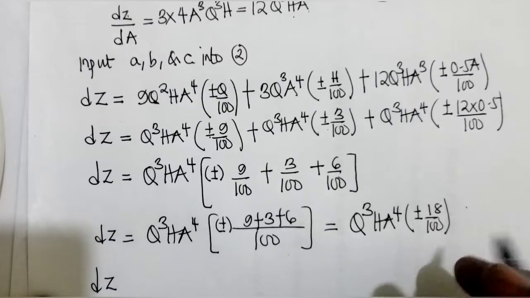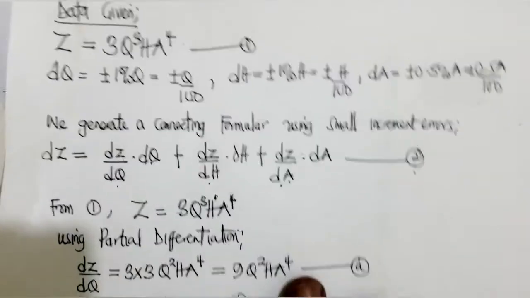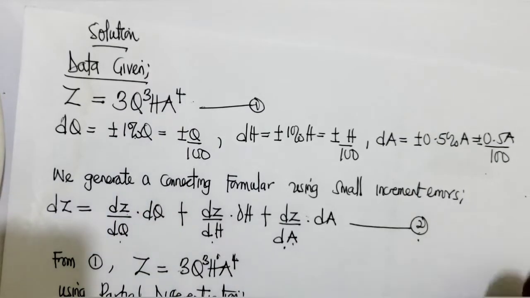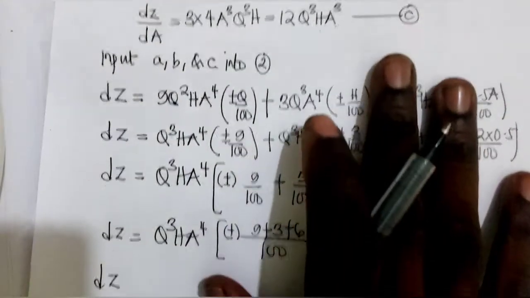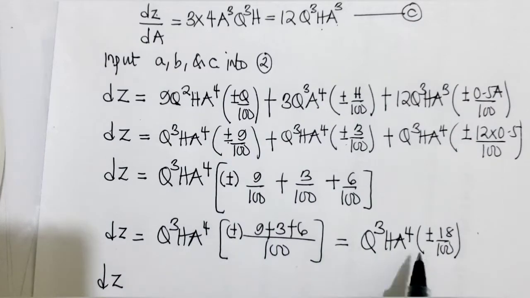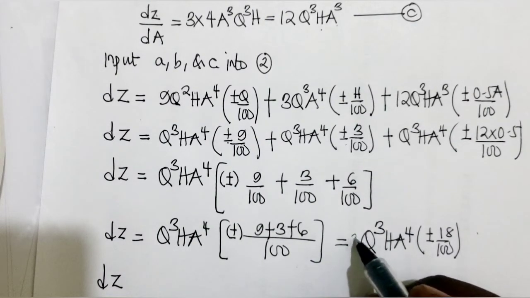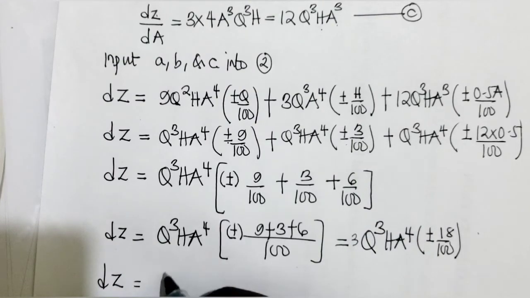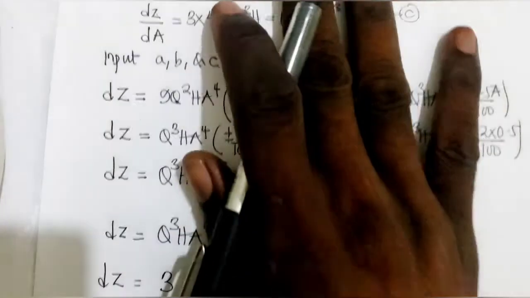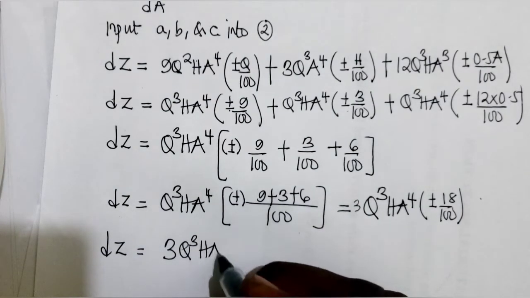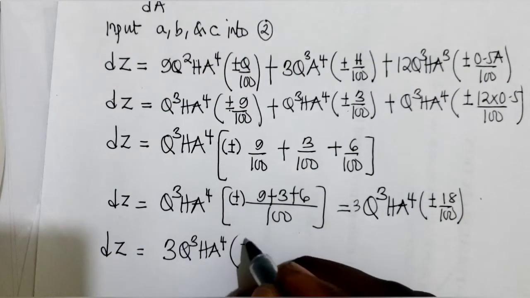But mind you, we shouldn't forget that my z is what? 3q³ h a⁴. But what I have here is q³ h a⁴ of 18. I want to have something like this: 3q³ h a⁴ into bracket plus or minus.